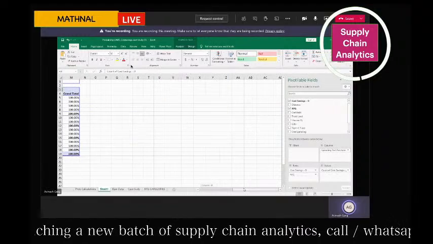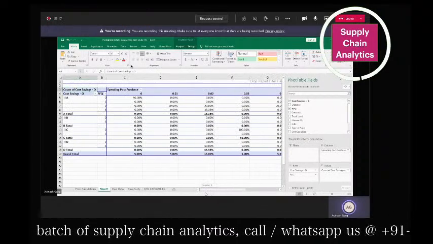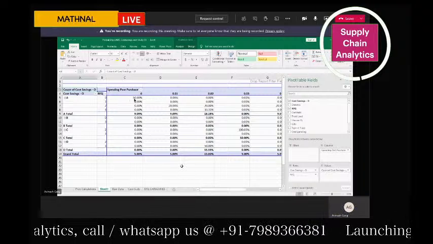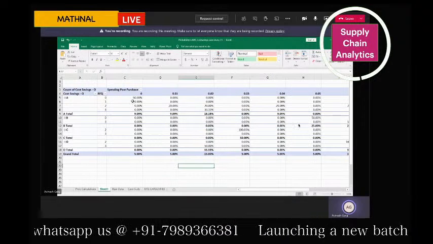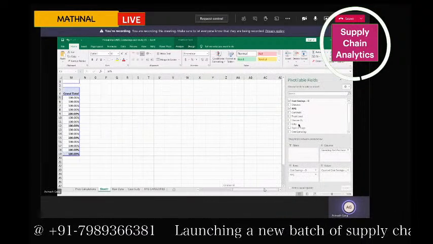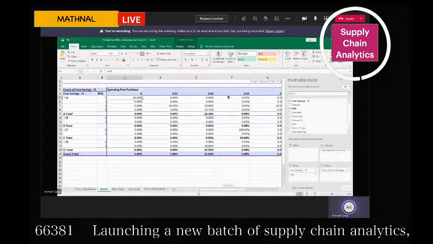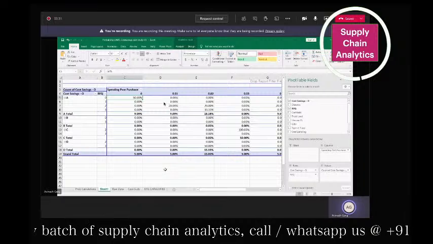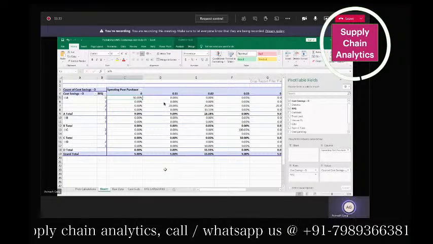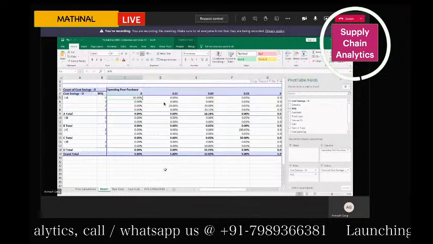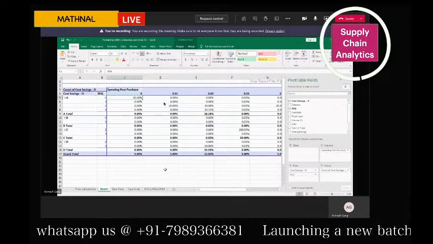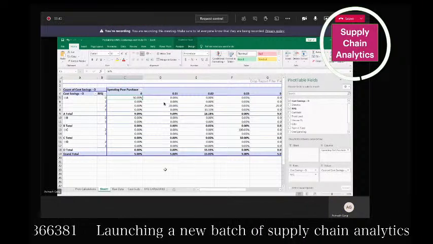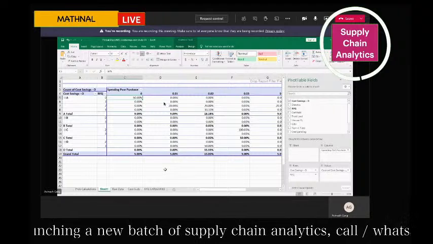For that we need to sum column or row? Here we are finding by row. This is sum of row. Right, 100% is on the row side. So we are trying to find by row. The condition is cost savings and RFQ combined, and we are finding the probability of spending post purchase 0%, 1%, 2%, 3%, 4%.